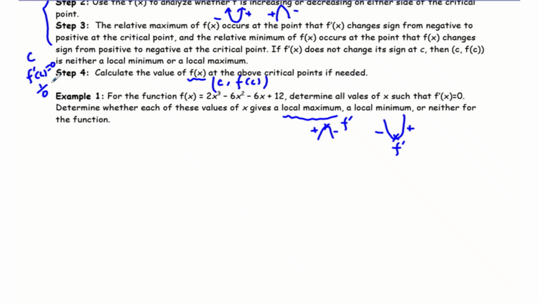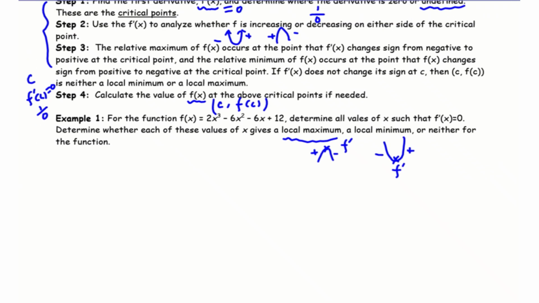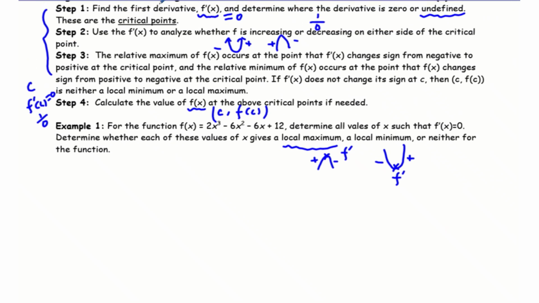So step 1 from our steps is to find the first derivative. This is a polynomial function, so we just apply the power rule. For this one, it is 2 times the degree to the front, then the degree minus 1; 3 minus 1 is 2.